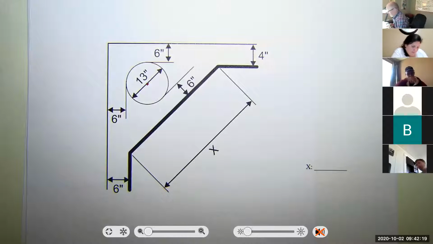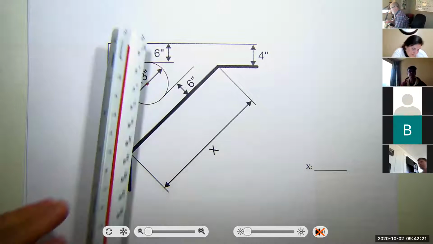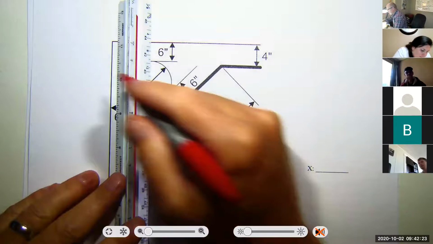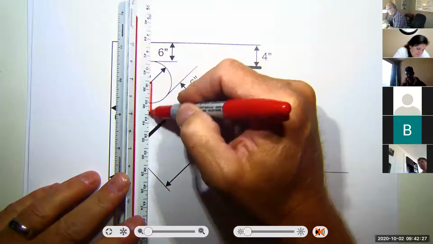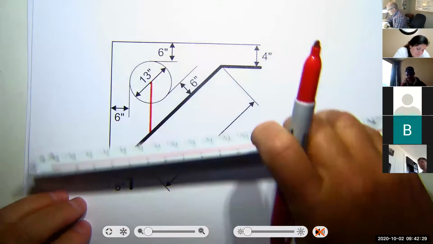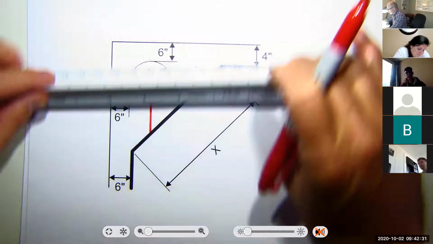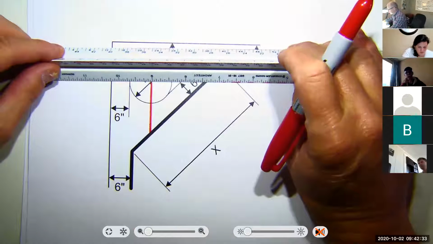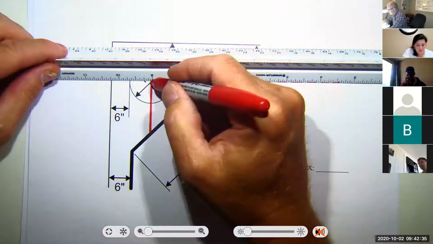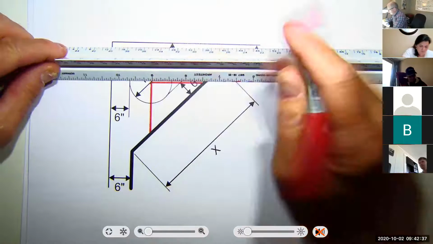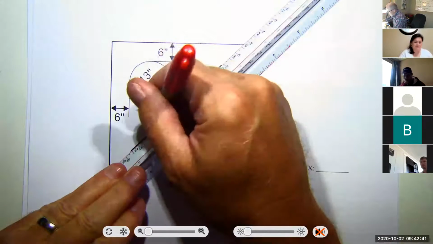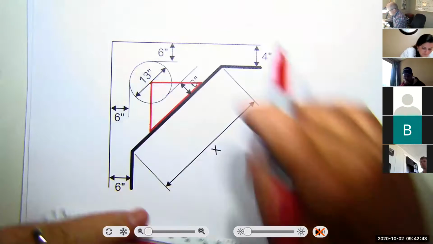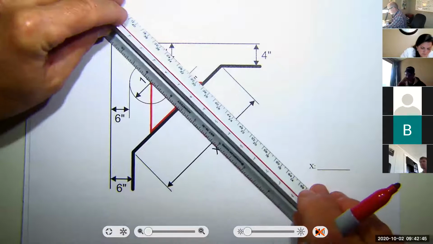I don't care what it is, it doesn't matter. I'm going to draw a line parallel to the outside wall, and then draw a line parallel to the outside wall again. And I make 2 45-degree right angle triangles.